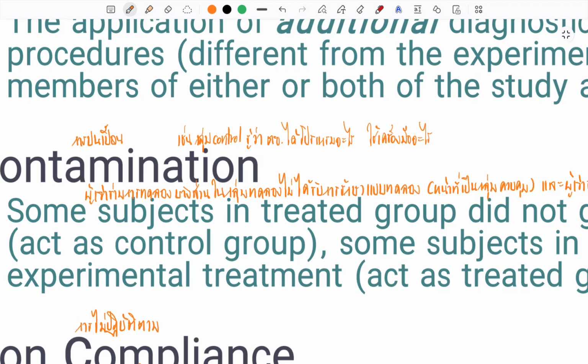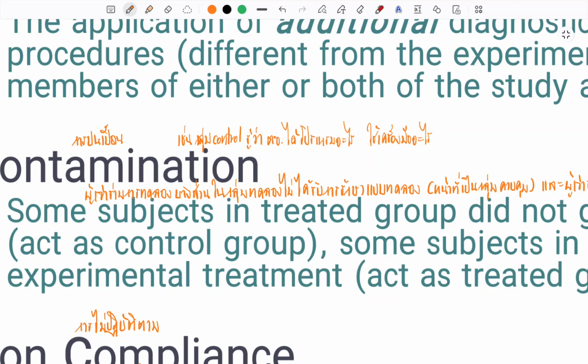But actually for a machine like this TMS, the subject will not know. For example, the sham group will not know. The researcher will apply it just the same as in the experimental group.